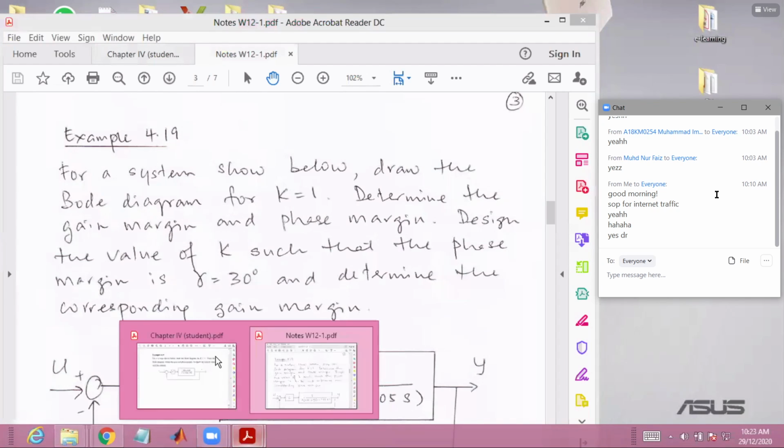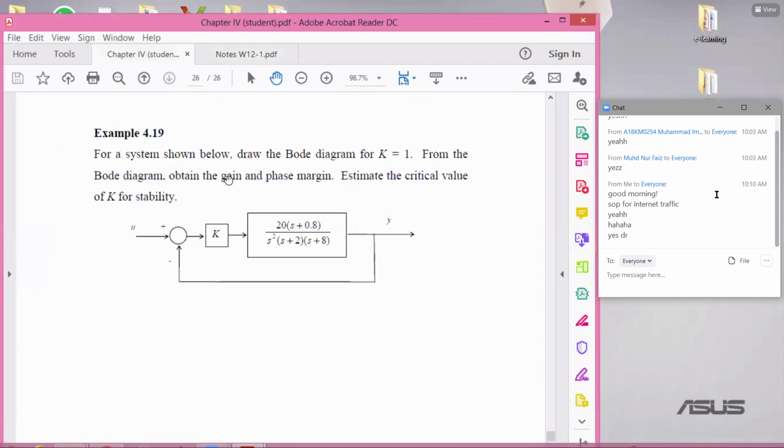So I add a little bit more requirement to the question. I want you to design the value of K such that the phase margin is equal to 30 degrees.